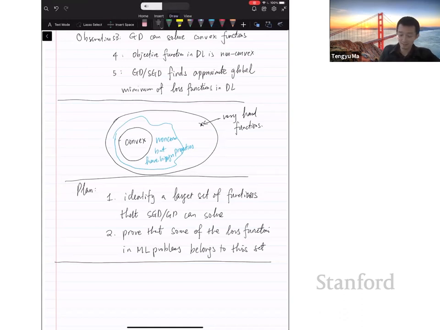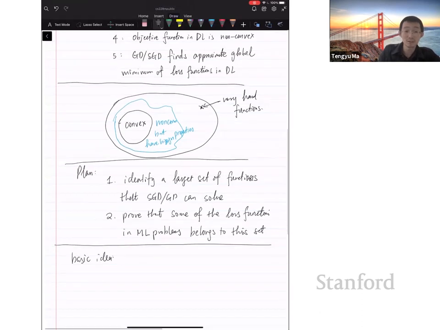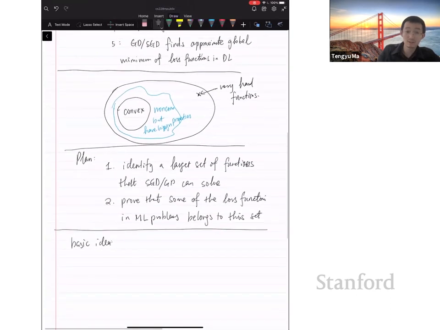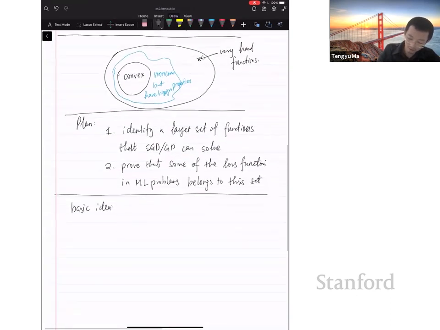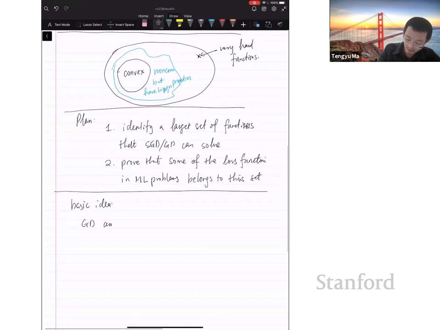Okay, cool. The very basic idea is the following. It's very simple. You know that gradient descent can find a local minimum. This is somewhat easy to believe, but actually there is some caveat about it.